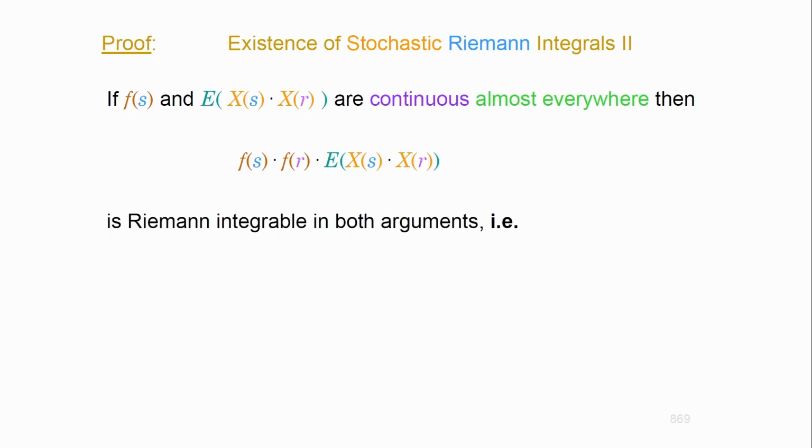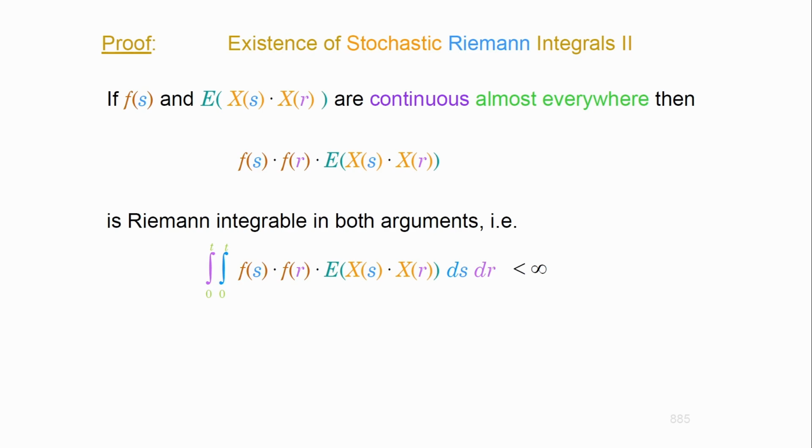I'm going to write it down, which means that the double integral, where you integrate with respect to s and then with respect to r, is finite. And I was showing you that the finiteness of this integral is equivalent to the existence of the corresponding stochastic Riemann integral, by the way.